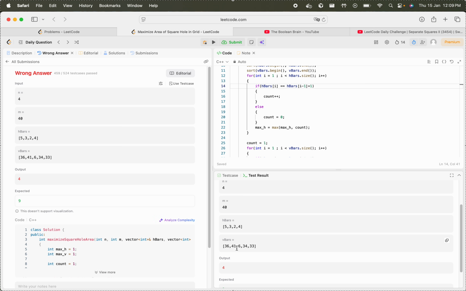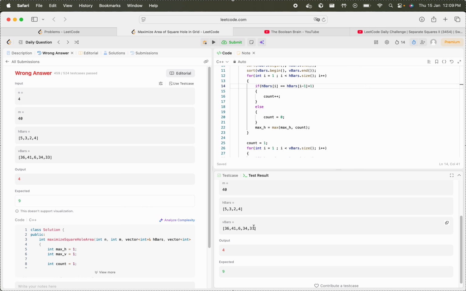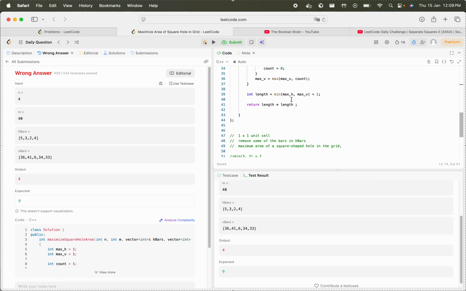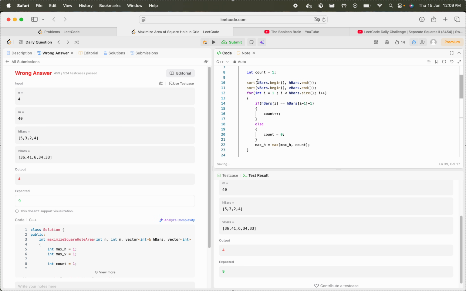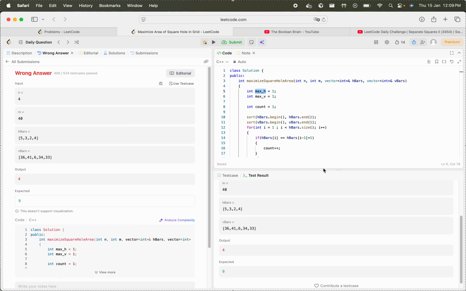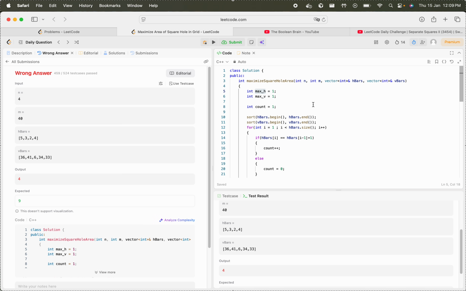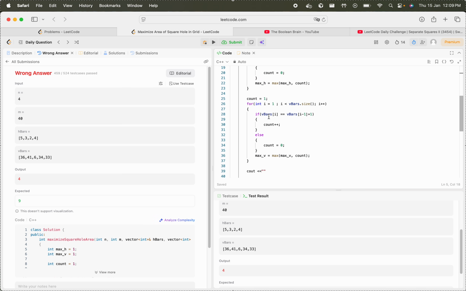So we are only getting three here and three here. So I should choose max of. Okay, let me check what the values of max h and max v are. That's how we will be able to debug this for possible issues.